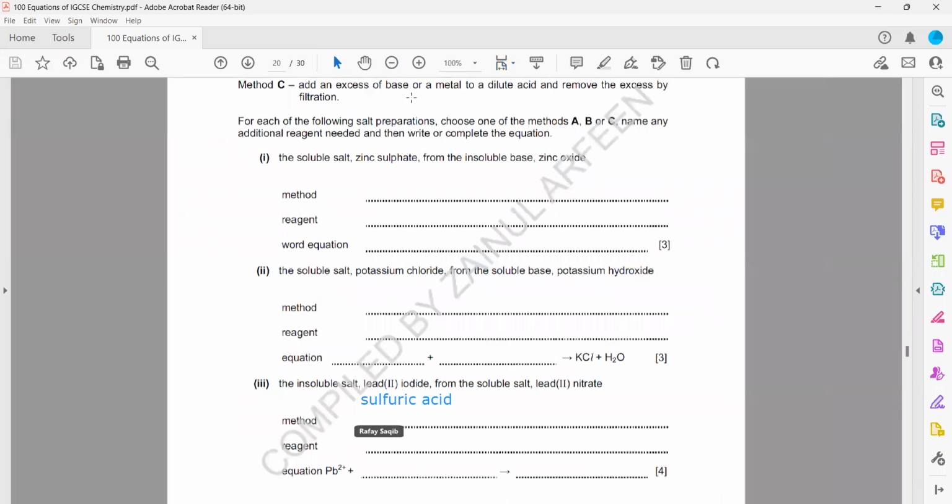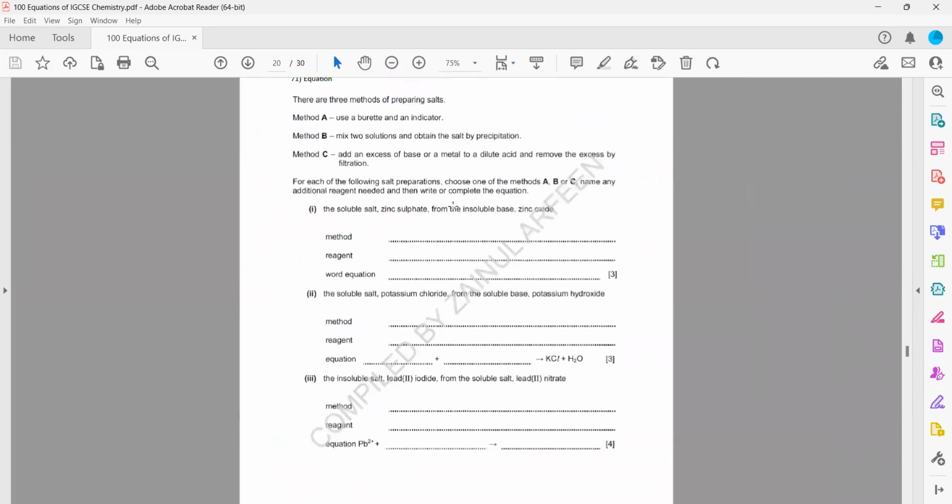You have to state the method. The first method is, 3 methods are there. Use a burette and indicator. Which method will we use if we want to prepare zinc sulfate from an insoluble base?